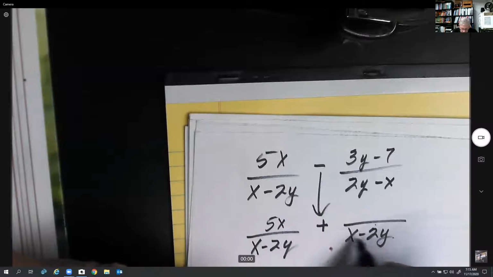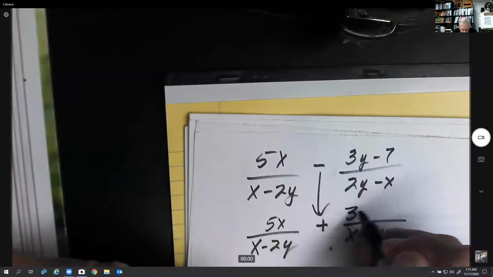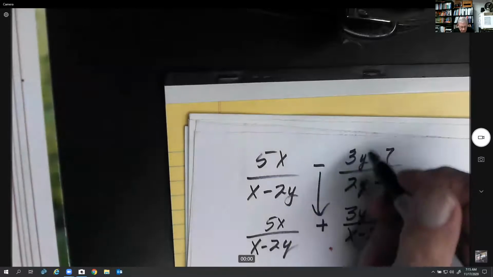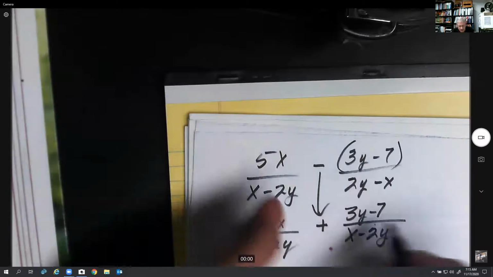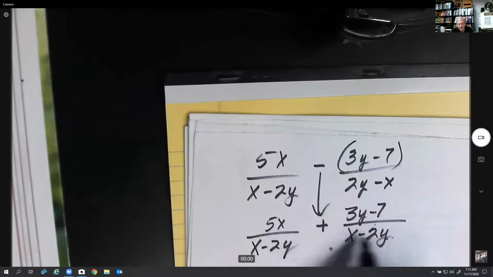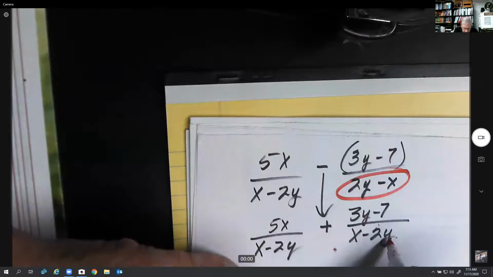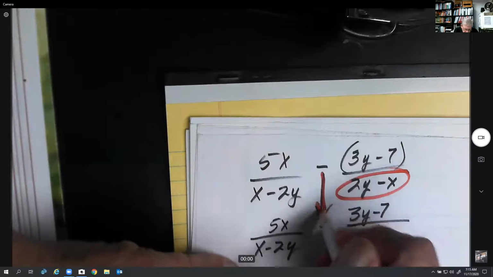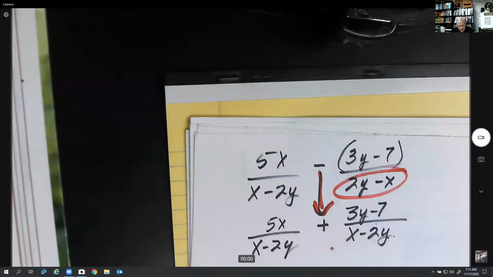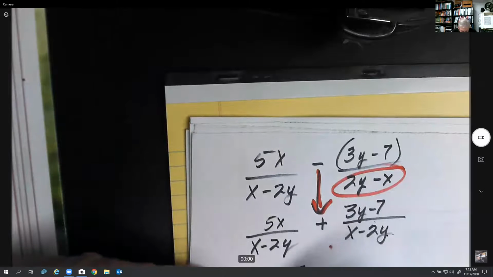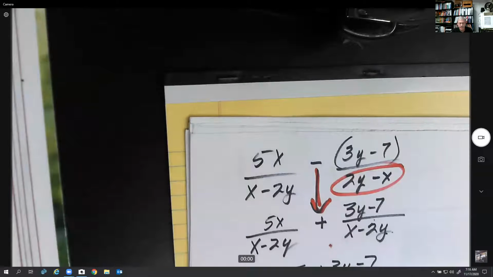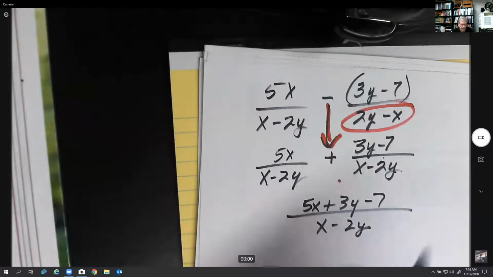Switch, switch, switch, switch. Then I didn't have to worry about, I could still have had this in a parentheses if I wanted to, but now it's a plus sign. Switch this around. Keep the minus sign between the 2 terms, and then switch this symbol right here. Switch the operation. So now let's see what I have. I have 5x plus 3y minus 7, nothing fancy there, over the x minus 2y. And that makes it a lot faster, you see.